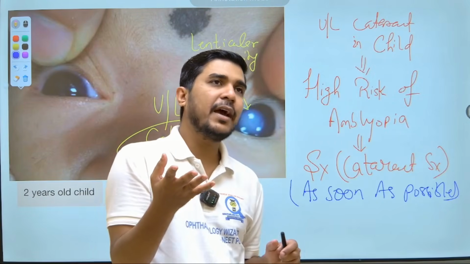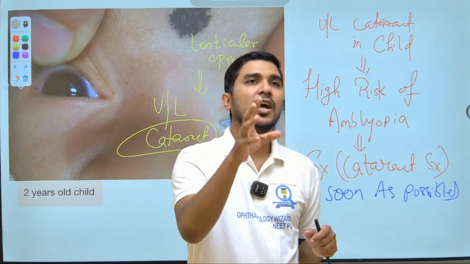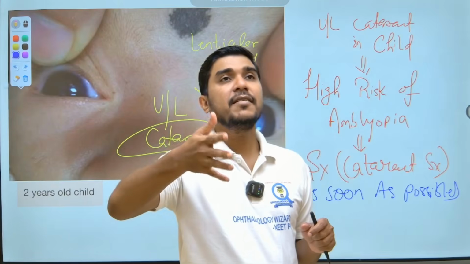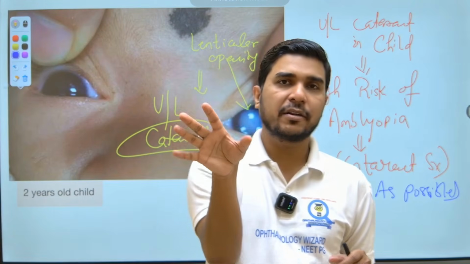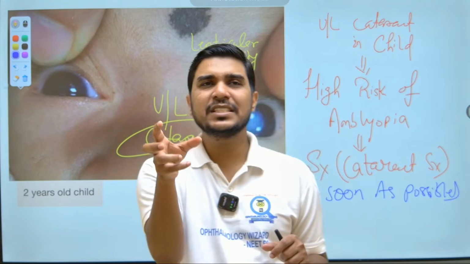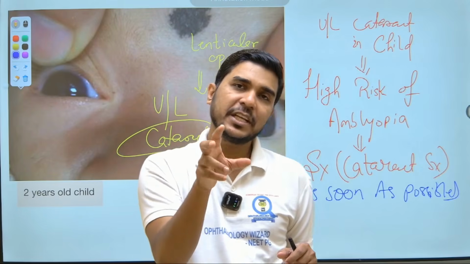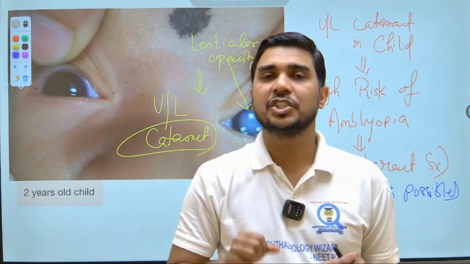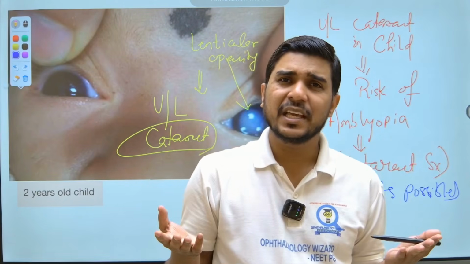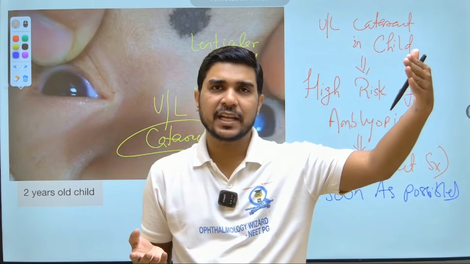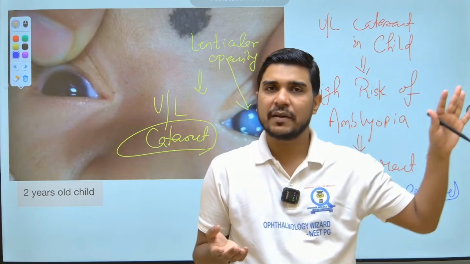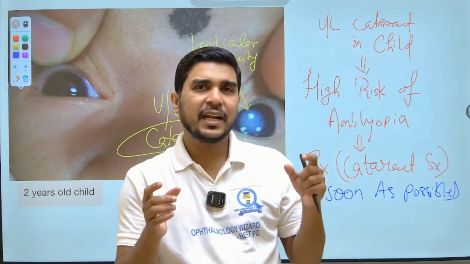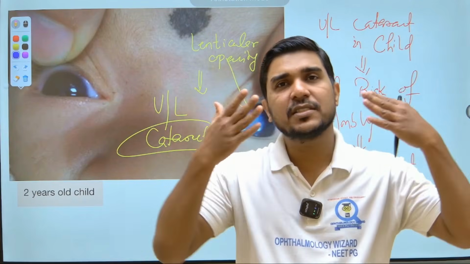One more question they have asked in the exam: a child is aphakic, unilateral. Then what is the best possible treatment for the aphakic child? Obviously, they will give options like spectacles, contact lens, whatever. But do you think that the child can wear the glasses for a long time?